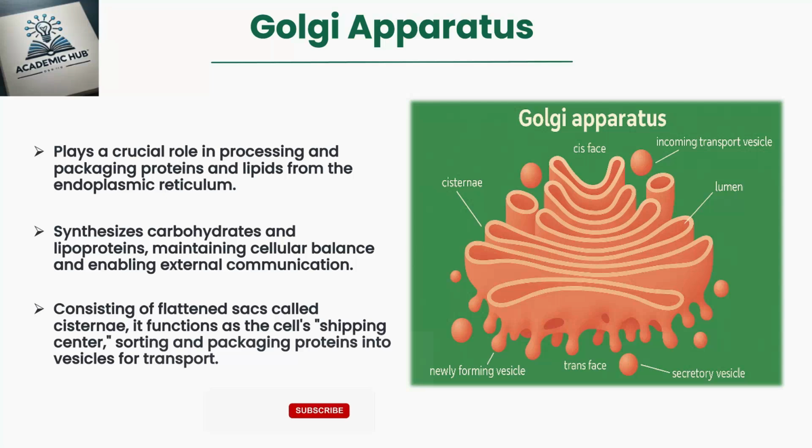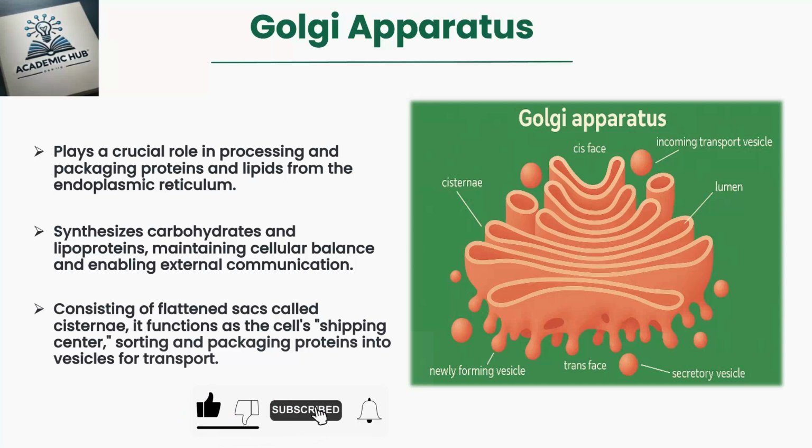Proteins synthesized in the rough endoplasmic reticulum are transported to the Golgi apparatus, where they undergo further processing, modification and sorting for their final destination. Modifications include folding, cutting and adding sugar groups, meaning glycosylation. Some proteins also receive phosphate or sulfate groups for activation.